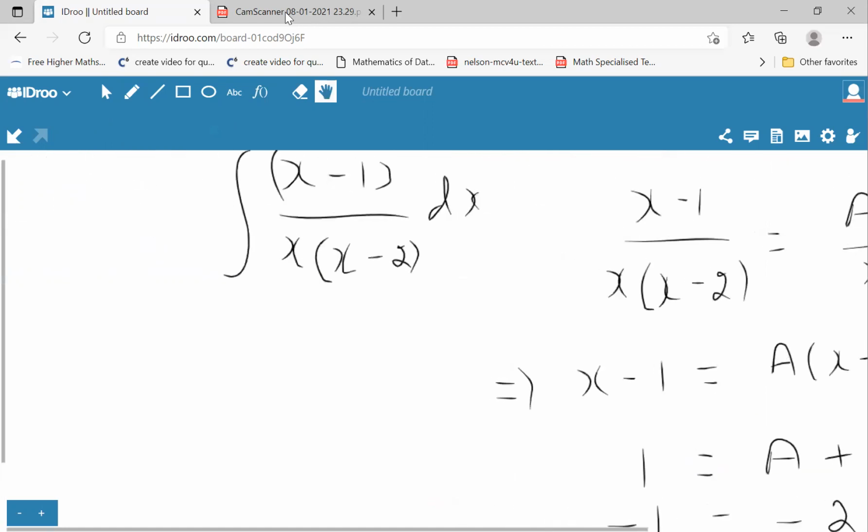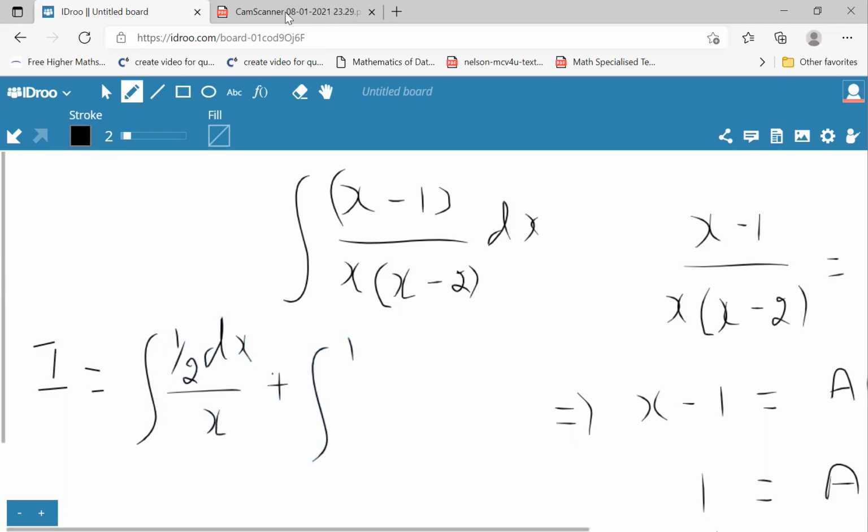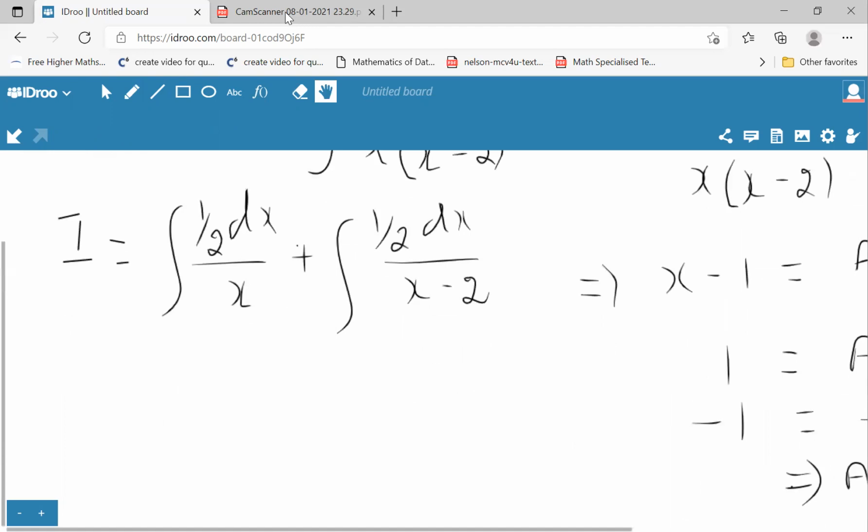Now substitute for the values. We can rewrite the problem as integration of half dx by x plus integration of half dx by x minus 2. On integration, we can take half outside.